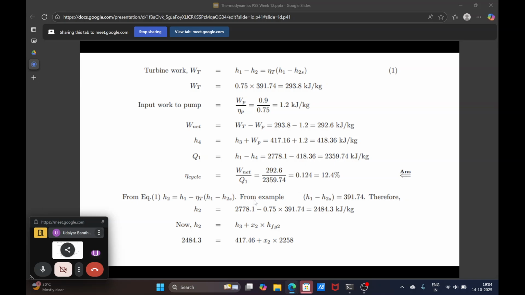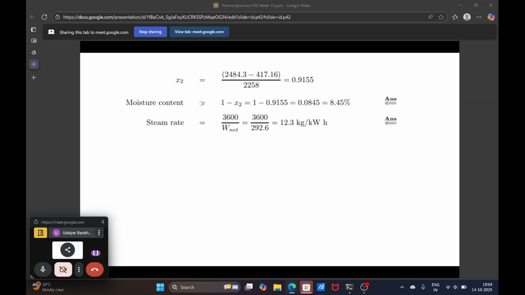To find out the quality, we know H2, so from there we can find out what is the quality. Substituting, we get quality to be 91.55%. So moisture content will be 1 minus this. So moisture content at the exit of the turbine is 8.45%.